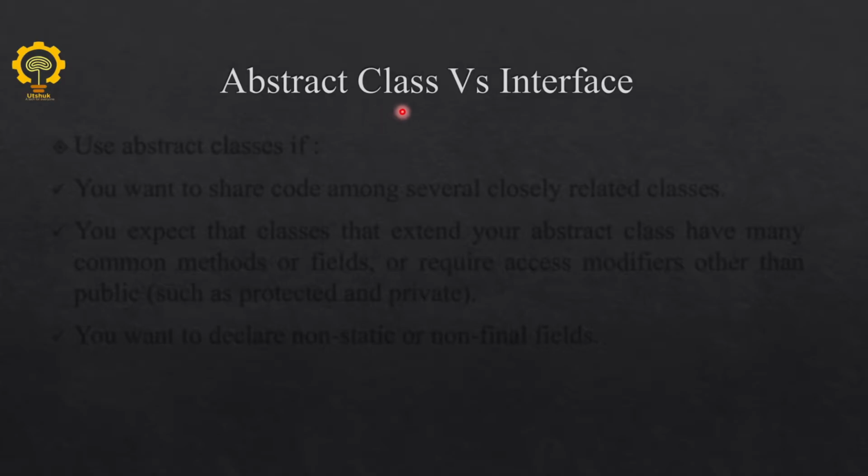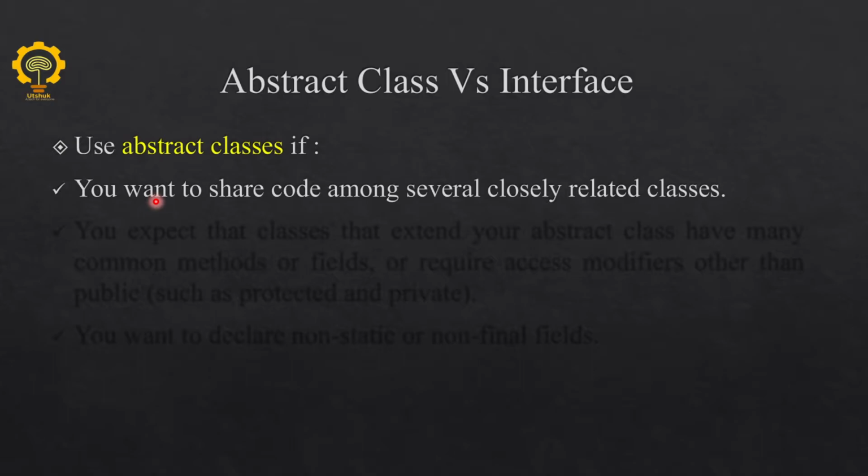So let's discuss abstract class versus interface. Let's see when to use an abstract class and when to use an interface. At first, abstract classes. If you want to share your code among several closely related classes, then you have to use an abstract class.